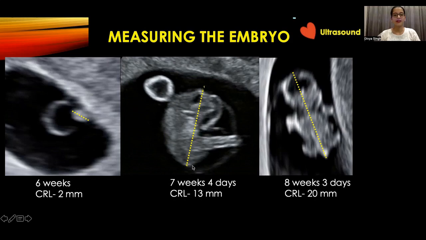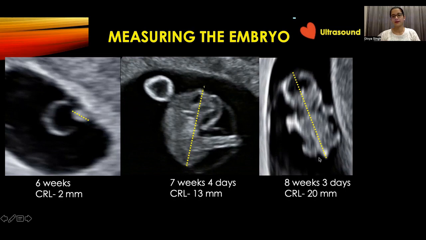If you were to take this measurement, it would result in underestimation of the length of the embryo and hence a wrong call of the gestational age. And after 8 weeks, when the hyperflexion of the embryo resolves, then it's easier to measure the crown rump length.